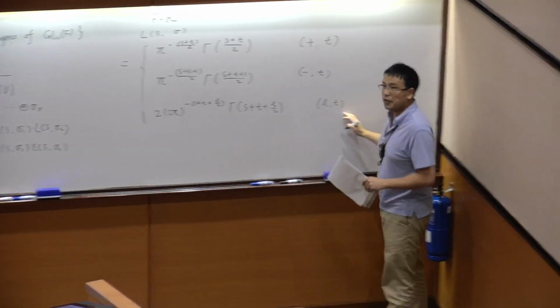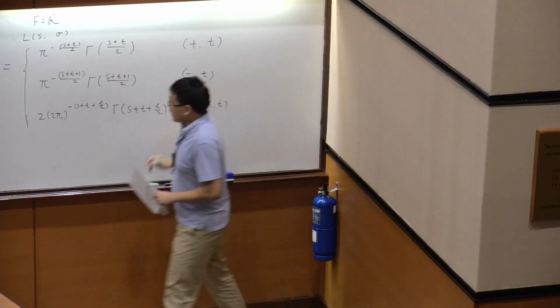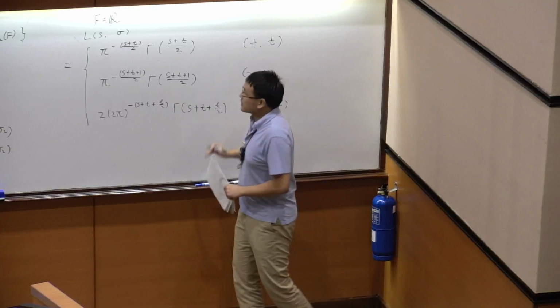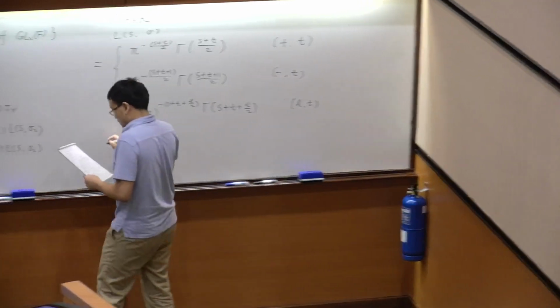Okay, this is for the two-dimensional irreducible representation, which is the discrete series, I mean, the essential discrete series. And this is for the real case. And now let's see the complex case.